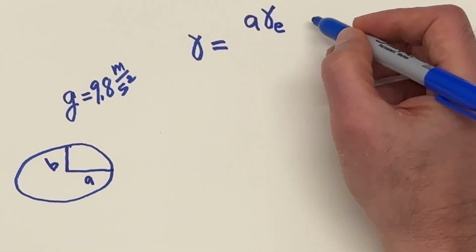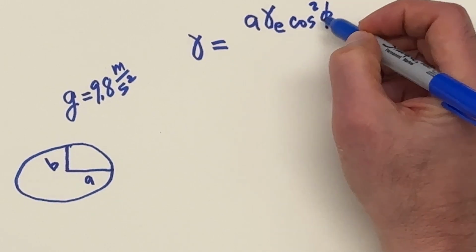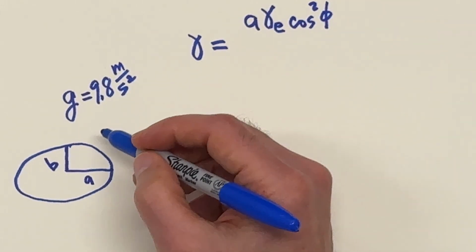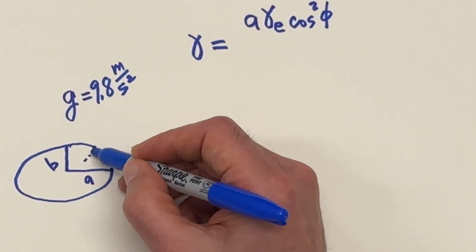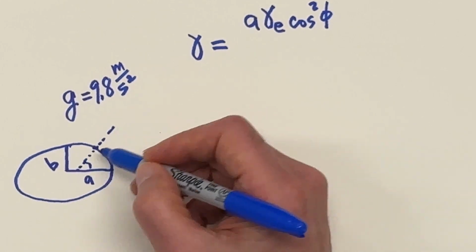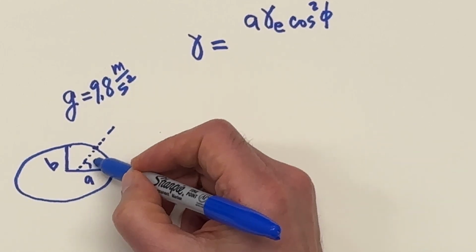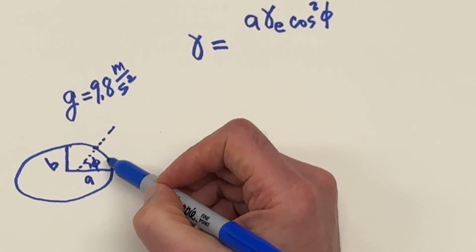That would be here. And then hit it with cosine squared phi. And phi is the angle. If you're standing, say, here, you put a normal in there. And the angle made with the horizontal is phi. It's the latitude. That's what we would consider the latitude.